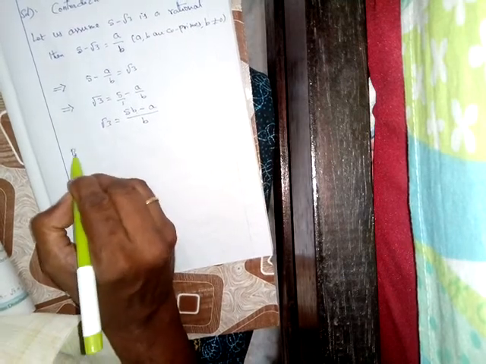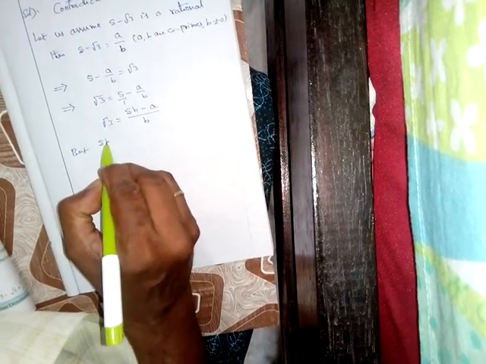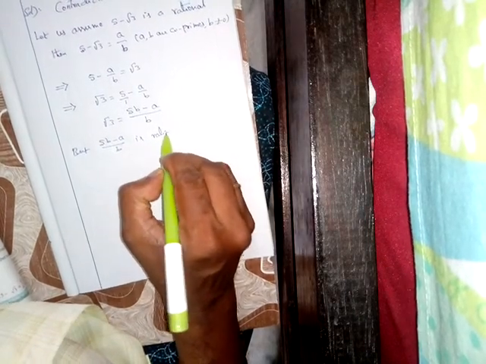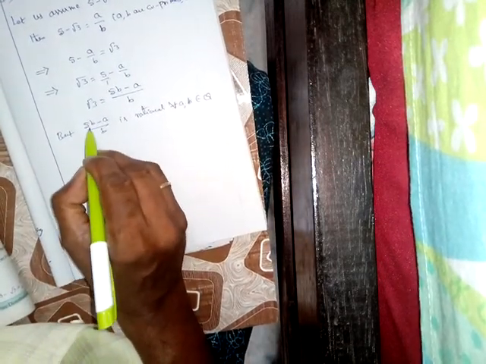But 5b minus a by b is rational, for all a and b belonging to Q. If you take any rational values for a and b, you get 5b minus a by b as a rational value.